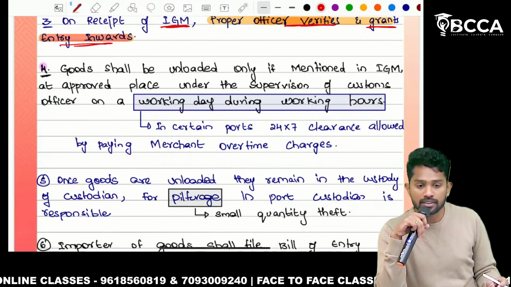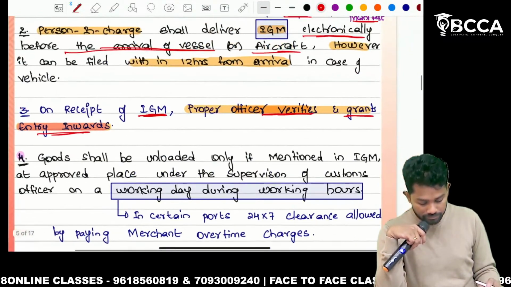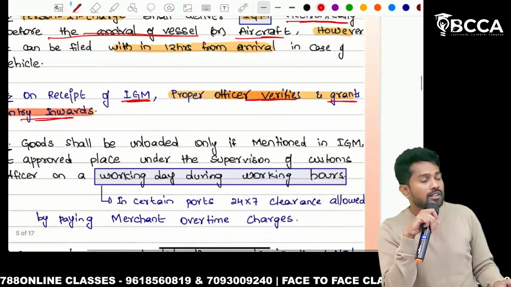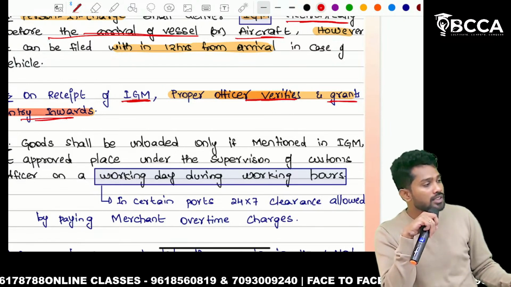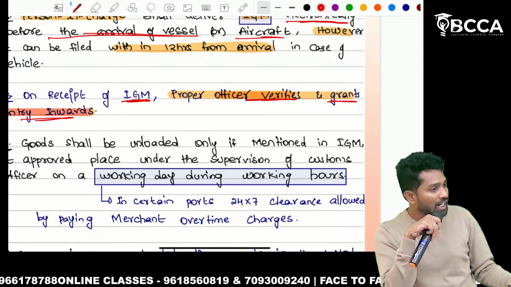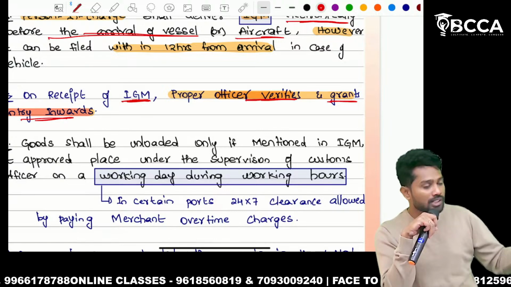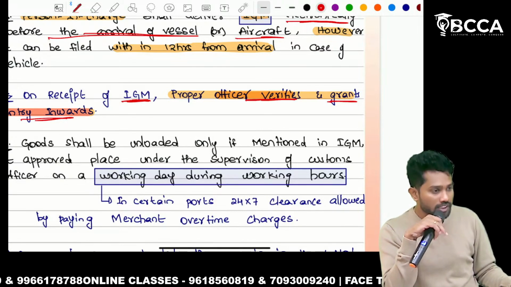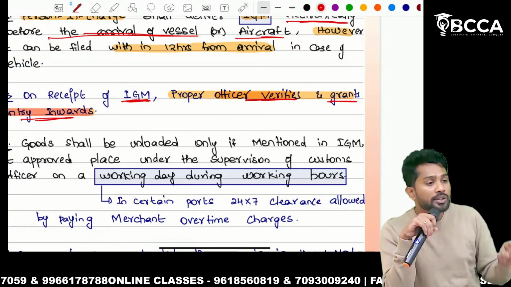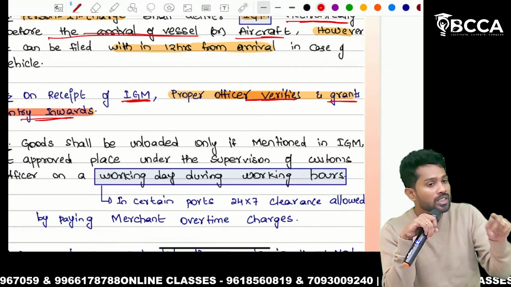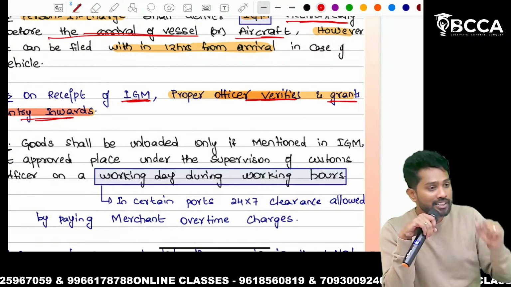Is it clear? Very simple, sir. An aircraft or vessel coming from outside India shall not be called at or landed in any place other than a customs station. That is the first one. Second, if you are the person in charge of a vessel or aircraft, you are responsible to file an IGM.